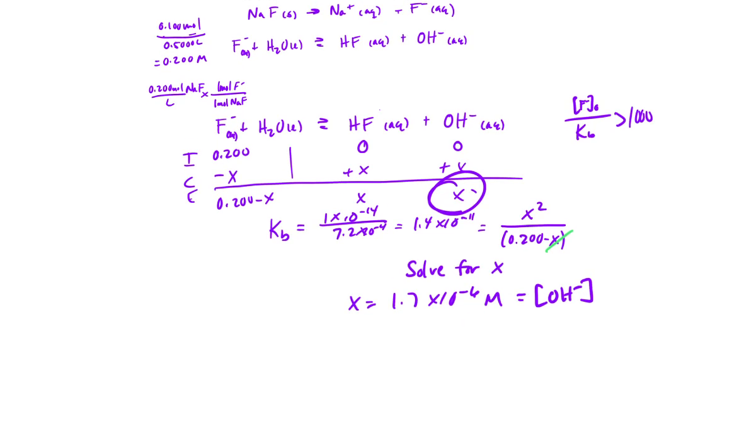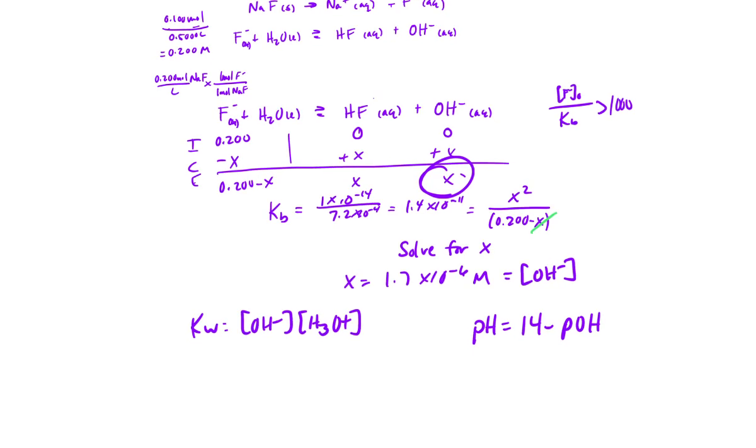And so we can either convert to concentration of H plus using Kw equals concentration of OH minus times concentration of H3O plus, or we can convert to pOH and then do pH equals 14 minus pOH. Either one, but you do have to get pH, not pOH.